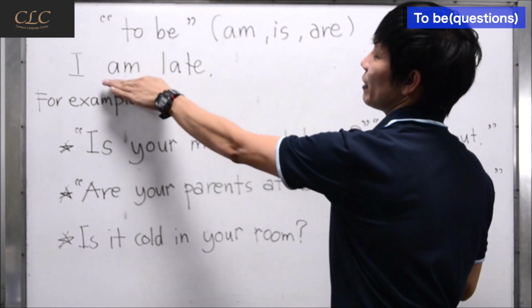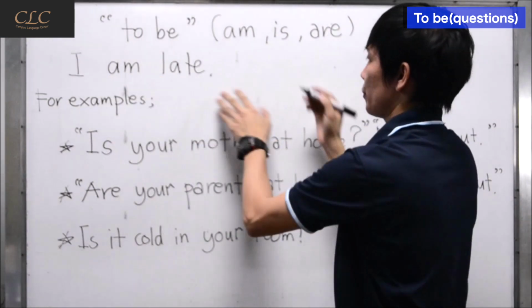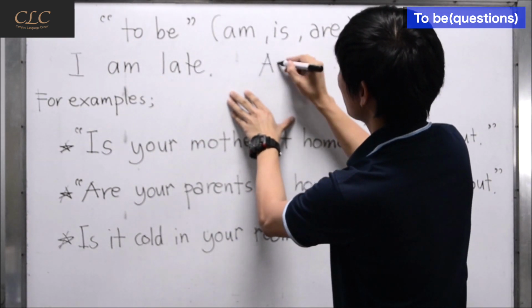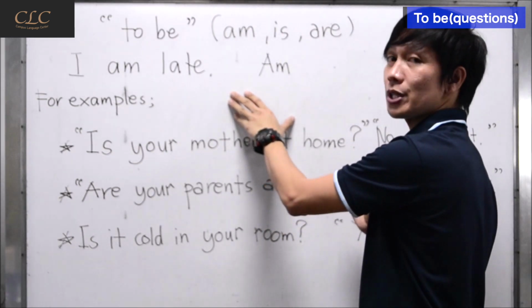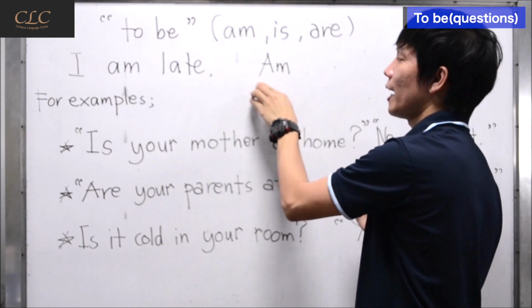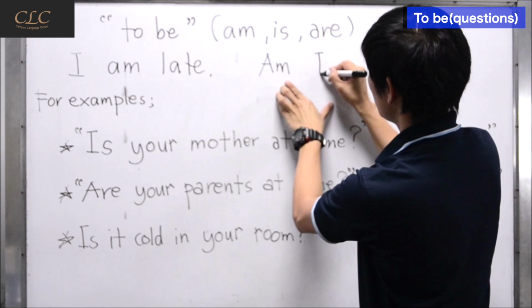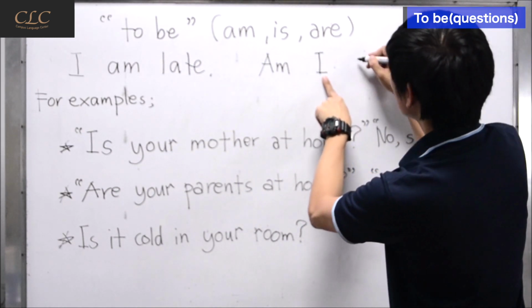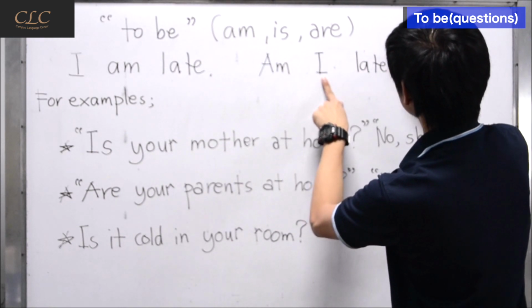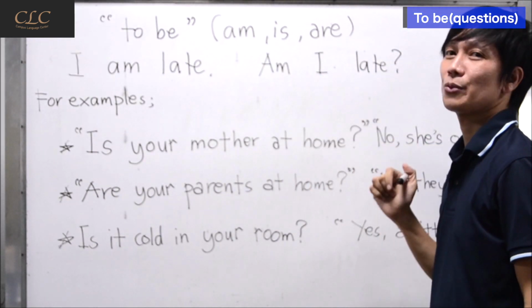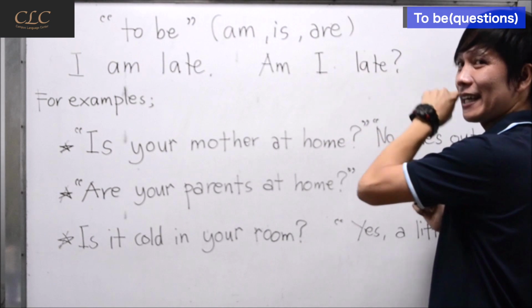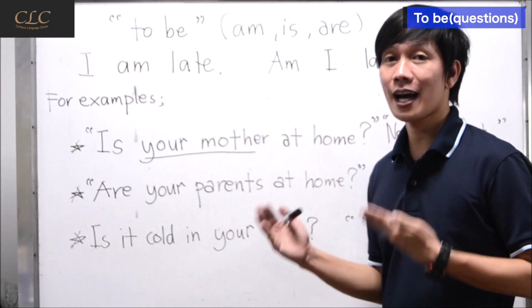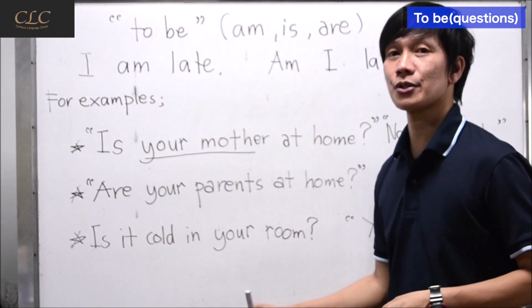So what's the be verb here? It's am. So here we should write am and start your sentence with a capital letter, and then it is followed by the subject. Am I late? So we have now a question. Am I late?